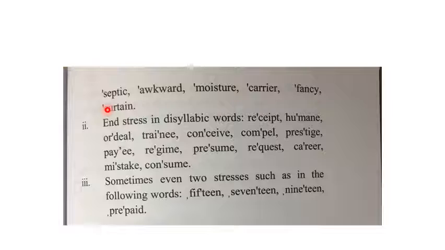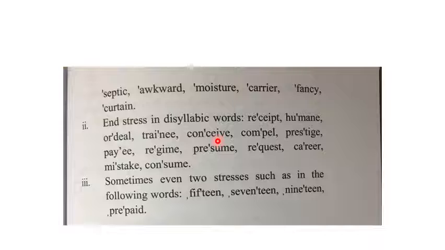If you please try to repeat these words showing the stress on them: septic, awkward, moisture, carrier, fancy and curtain. طيب in stress يعني stress on the second syllable in disyllabic words like receipt, humane, ordeal, trainee, conceive, compel, prestige, payee, regime, presume, request, career, mistake and consume.